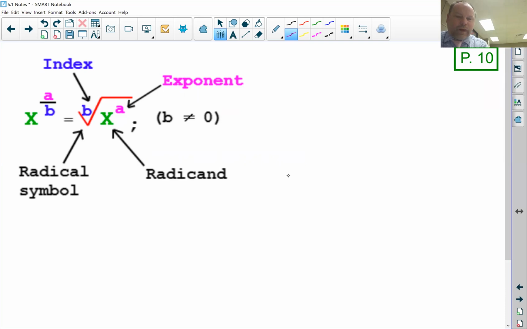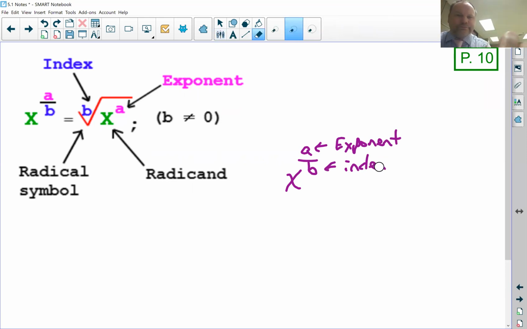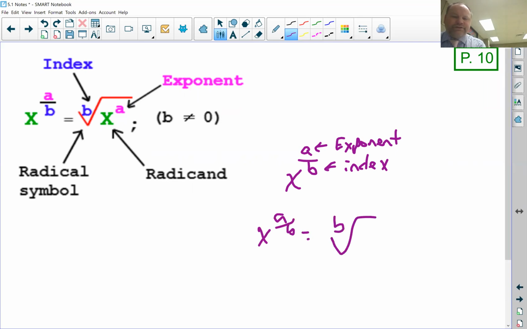So x to the a over b. a is the exponent, b is the index, if we write it in what's called radical form. So x to the a over b would be the b root of x to the power of a.